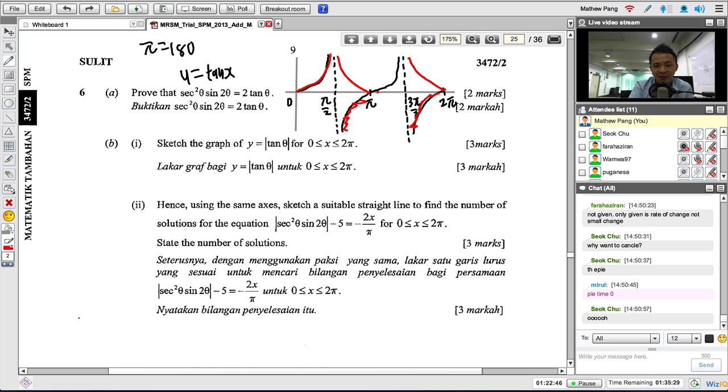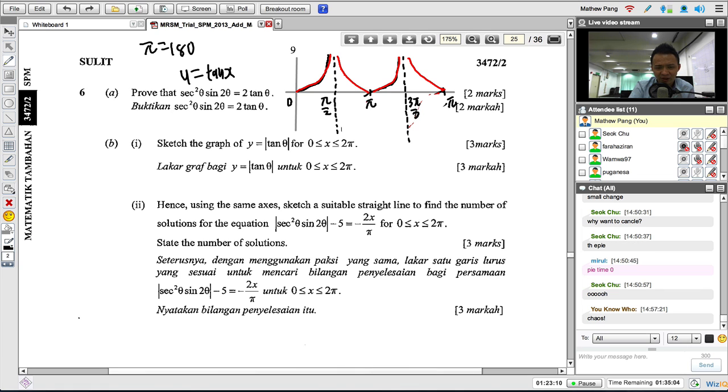Like this, and like this. Okay, this is what your graph will look like. Let me just erase this one no more already. Right? Yes, so this is the answer. Okay, I hope you can understand about tangent.